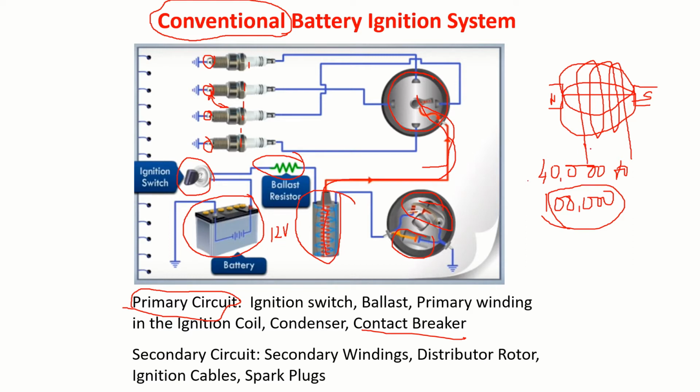Suppose I rotate this coil, then it will cut this magnetic field, so that a voltage gets induced in it. It should cut perpendicular to the field. So the higher the rate of cutting, the speed with which it cuts, the higher will be the voltage induced.